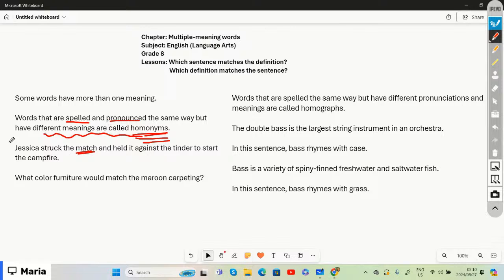Then we also have another meaning of the same word: what color furniture would match the maroon carpeting.